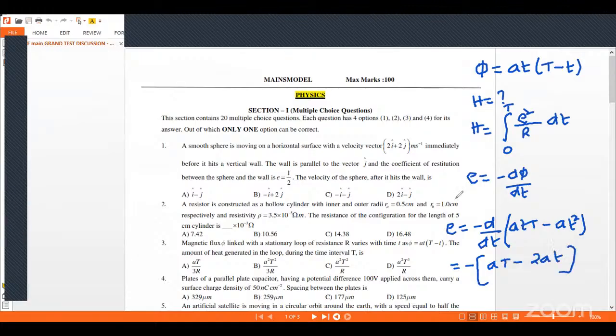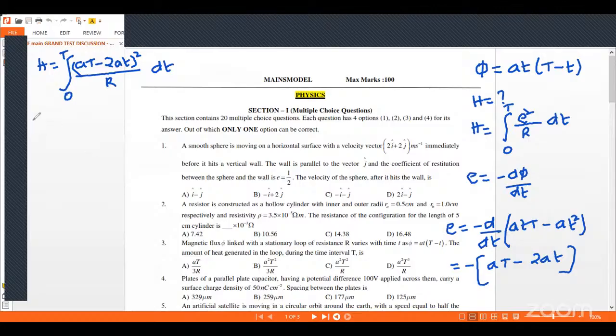So H is equal to E square, that is (A capital T minus 2A small t) whole square, by R into dt, between the values 0 to capital T. Expand this one.